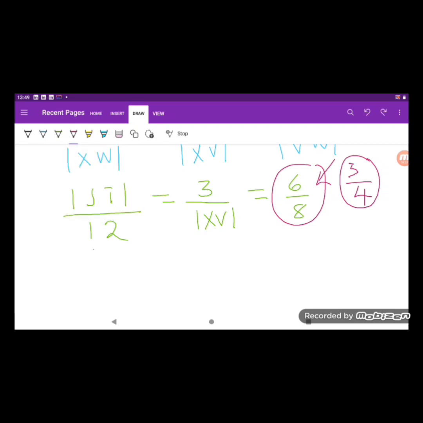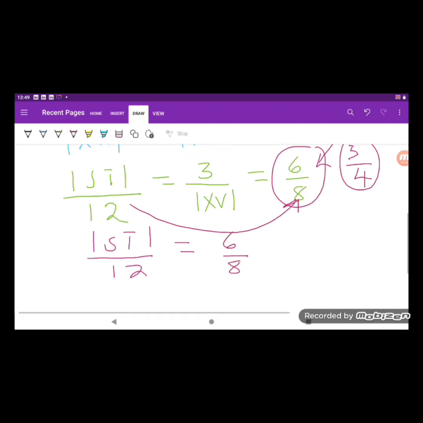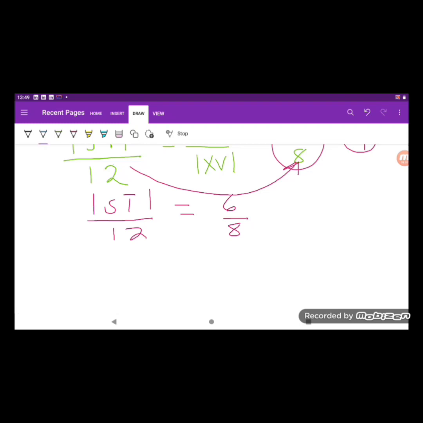has no value there. We have line ST over 12. Now, to calculate ST, I'll be using it with this that is known, which equals 6/8 or 3/4. Now, if I cross multiply, my line ST, which is question A, will equal what?